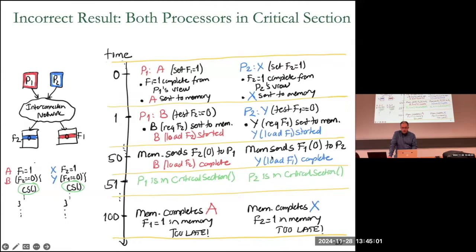The same thing can happen for processor P2. Memory replies with 0 to P2, and then P2 enters the critical section. Then after some time, memory completes operation A, and F1 is now 1. And on this side, memory completes operation X, and F2 is set to 1. But these are clearly too late.